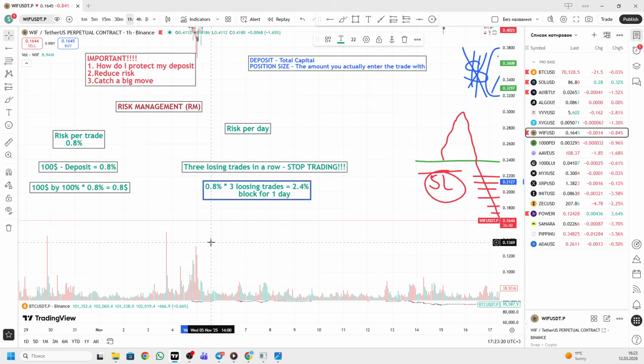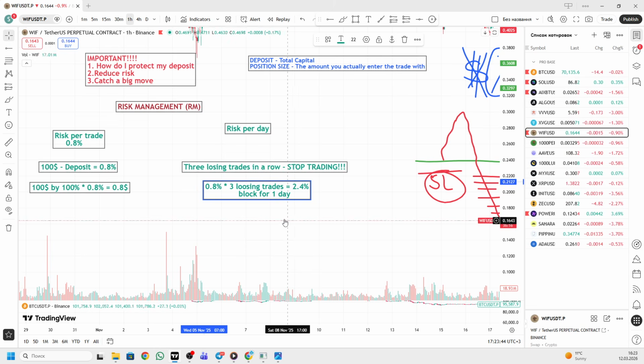But don't worry, only for 1 day, till next day, okay? So if your trading capital is, for example, $100, then 2.4% is $2.4 per day. That's basically how much you can lose in 1 day, not more.